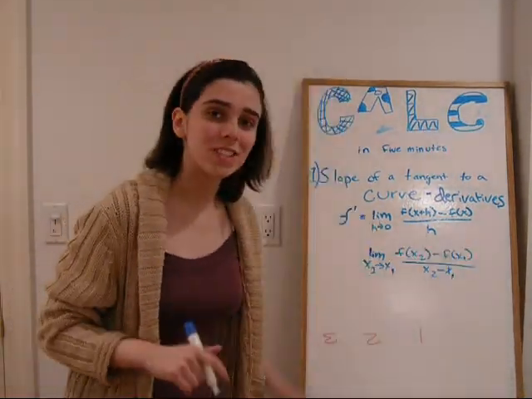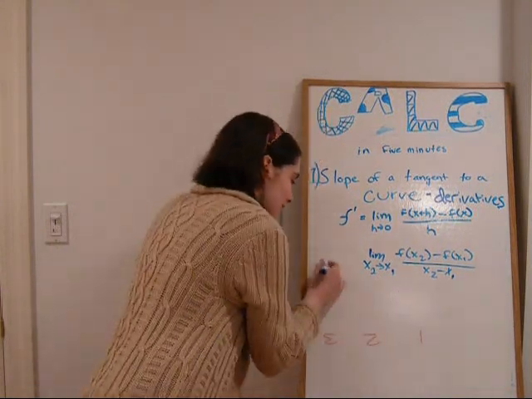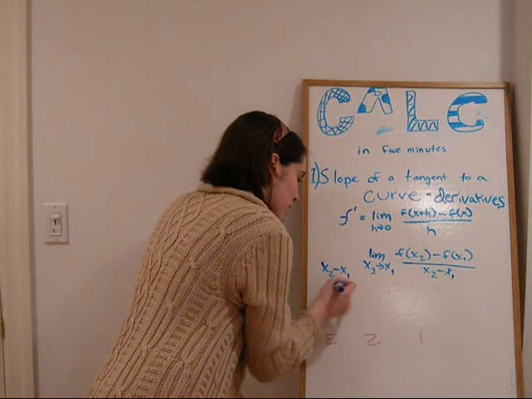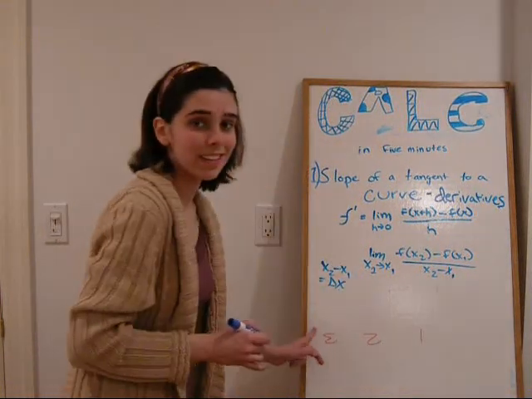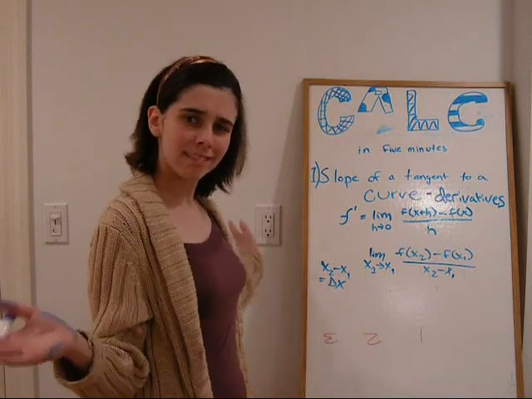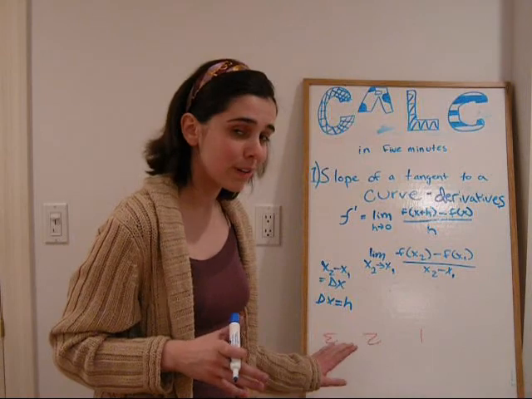Okay, remember this? Remember how we mentioned a few seconds ago that x sub 2 minus x sub 1 would equal delta x, right? And let's call delta x h. So as x sub 2 approaches x sub 1, won't h approach 0?